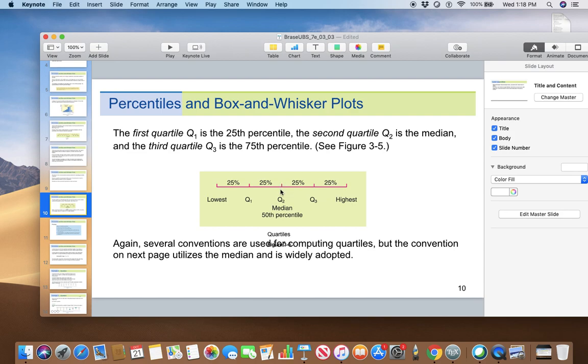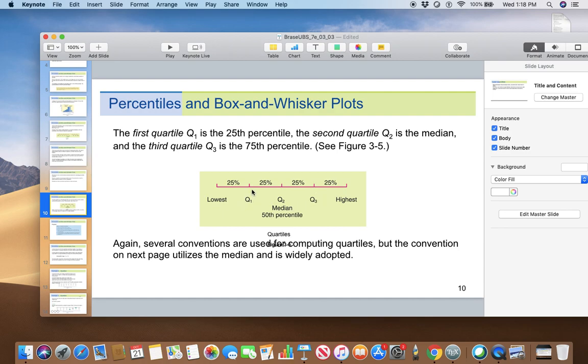Median is right in the middle. The first half, again, you've split it equally. The median of the first half is your first quartile. The median of the entire data is your second quartile. The median of the second half is your third quartile.